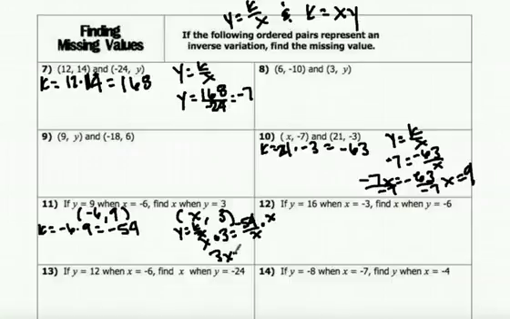So I'm going to have 3x equals negative 54. Now I'm going to divide both sides by 3, and when I do that, I find out that my x would be negative 18. You try 12, 13, and 14.